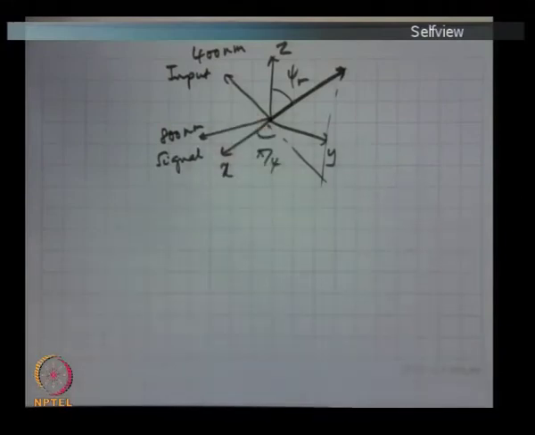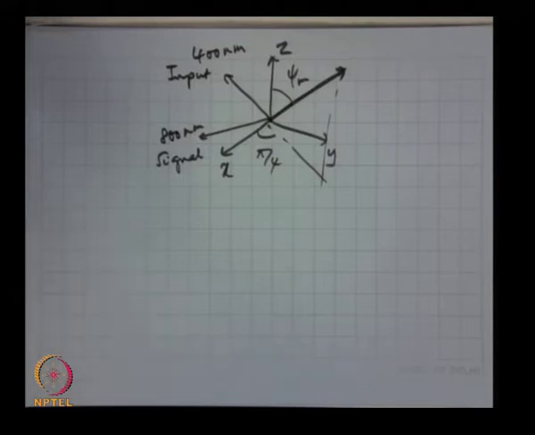That means if the phases are right, I go from 400 to 800 nanometer, or if phi 2 minus 2 phi 1 is plus pi by 2, the 800 nanometer signal goes to 400 nanometer. So either splitting of 400 nanometer photons into two 800 nanometer photons, or joining of two 800 nanometer photons to form one 400 nanometer photon, depends on the phase relationships between the two signals which are coming in.